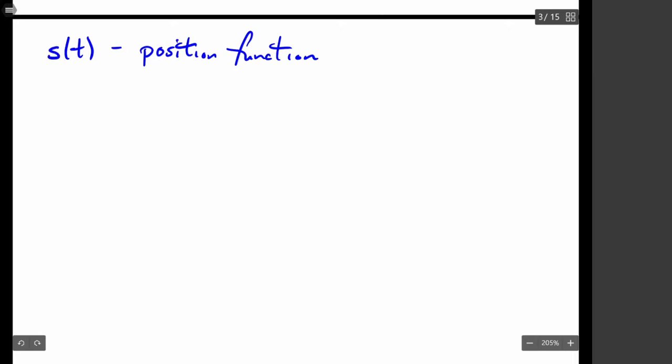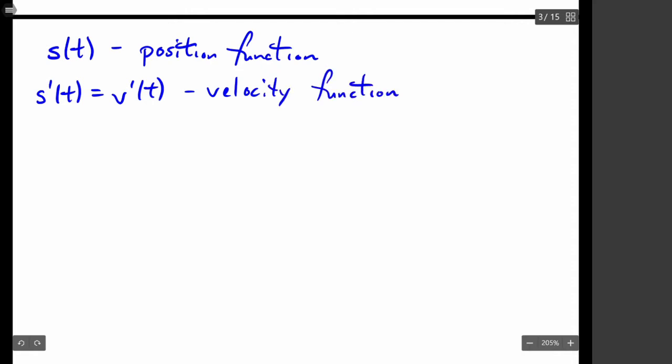So if s of t is the position function for an object, then if we take the derivative, we get the velocity function. And again, this gives us a function that for any time t that we're allowed to plug into it, it'll tell us the velocity of the object at that time t.